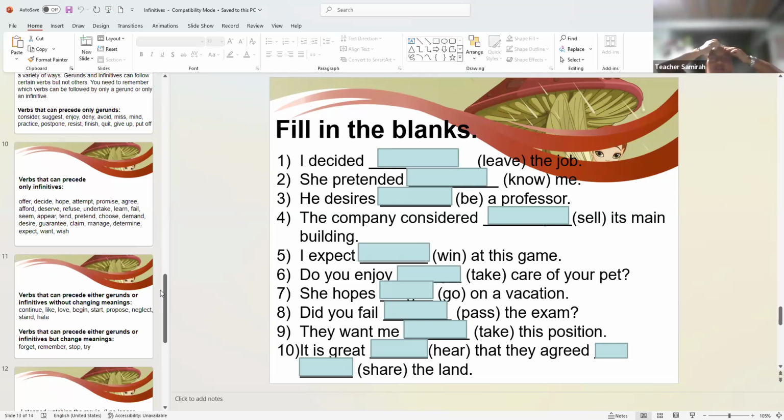I almost got confused about some words here. But then I looked at the different verbs, okay? I look at the different verbs so that I will know whether I will have to use a gerund or infinitives.